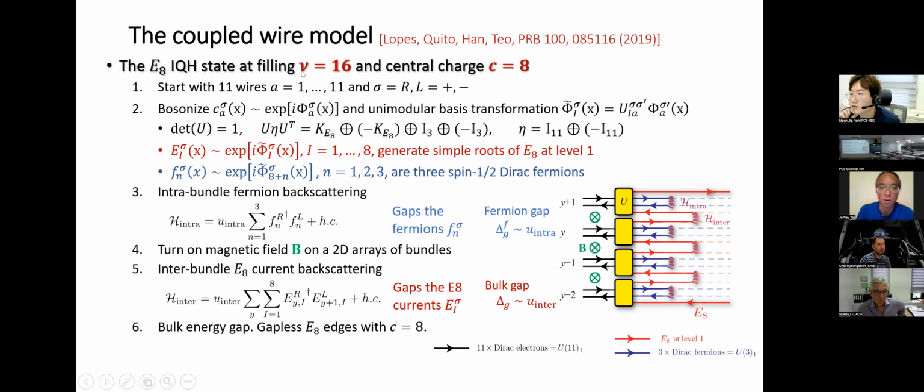In this case, it's not, because nu is 16 and C is 8, they're different. And because of the charge U1 symmetry, you allow both nu and C to be present. And they are not equal, so in that sense, it's a symmetry protected topological phase. Okay. Thank you very much.